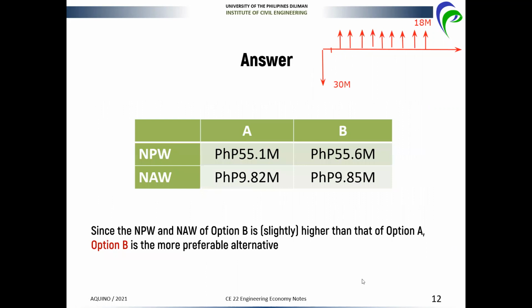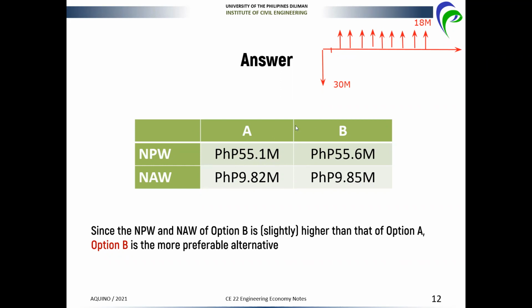Can I get a thumbs up if we all got the same answer? Mukhang yes. Maybe the others are still trying to calculate, but I hope we all arrive at the same answer. If we do the same and calculate the net present worth of alternative A, we'll get 55.1 million.